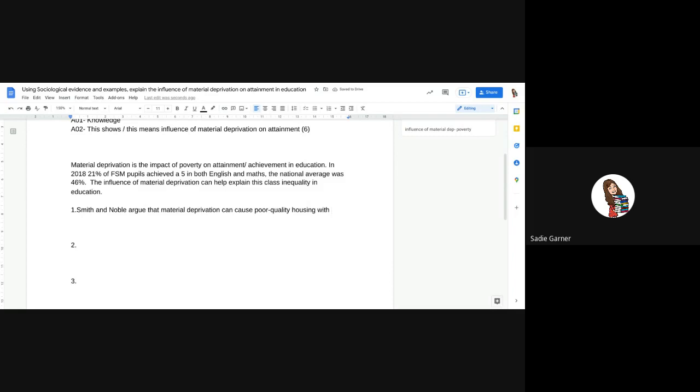Material deprivation can take the form of poor quality housing with damp and overcrowding.